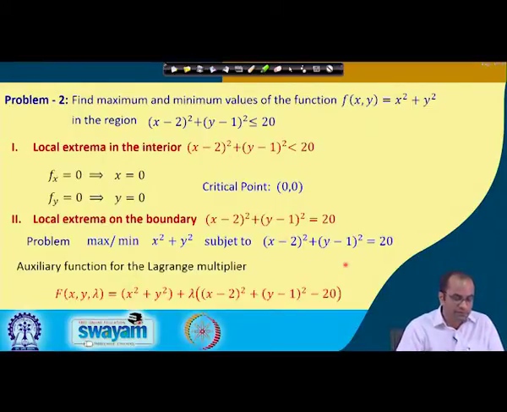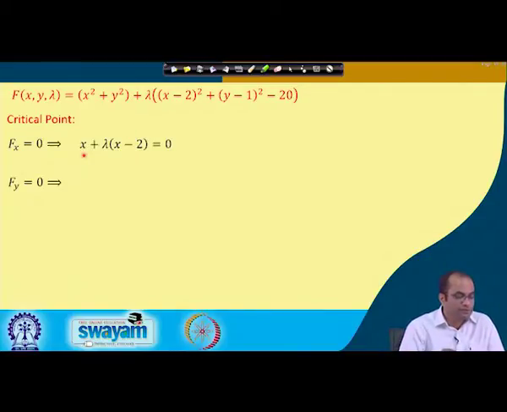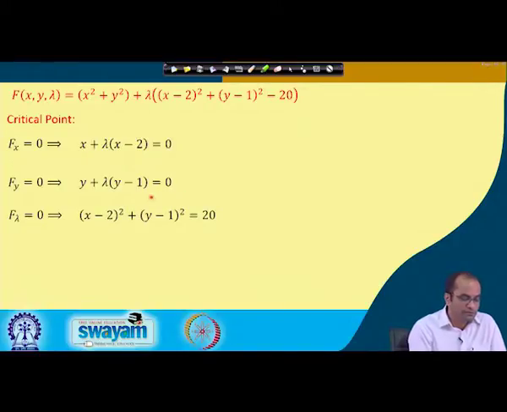So, we will define this auxiliary function as usual by putting the lambda in front of this constraint there, and find all the critical points by differentiating F with respect to x, y and lambda partially. So, by differentiating F x is equal to 0, we will get this equation, F y is equal to 0, we will get this equation, and F lambda is equal to 0, we will get this equation. So, out of these three equations we have to find all the critical points.